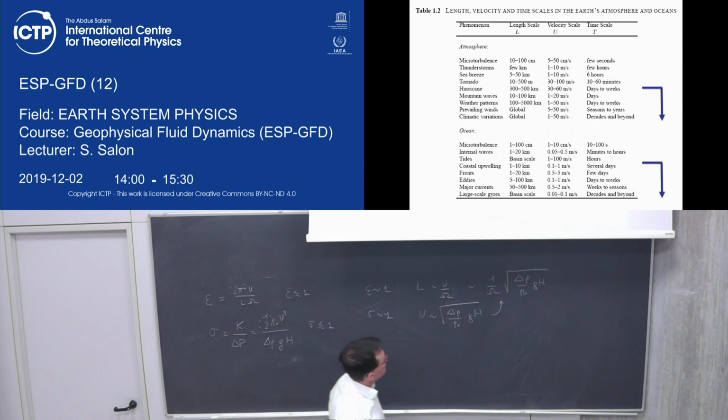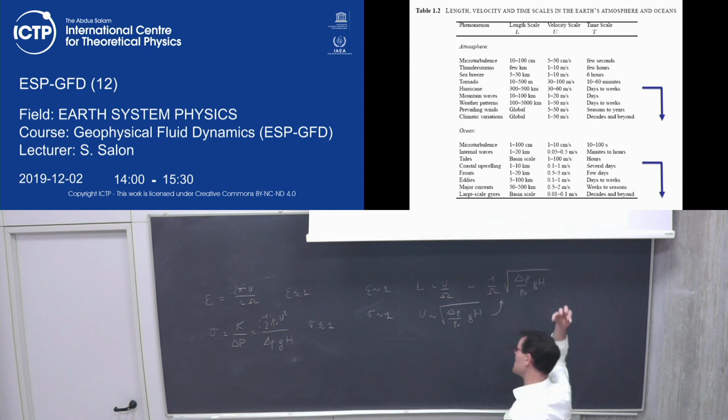According to this, we found a length scale which depends on the rotation rate of the planet and on the gravitational acceleration on the planet. So these are two parameters fixed for the planet, and then the height scale corresponds to the typical height where a specific density variation is occurring with respect to a background density.